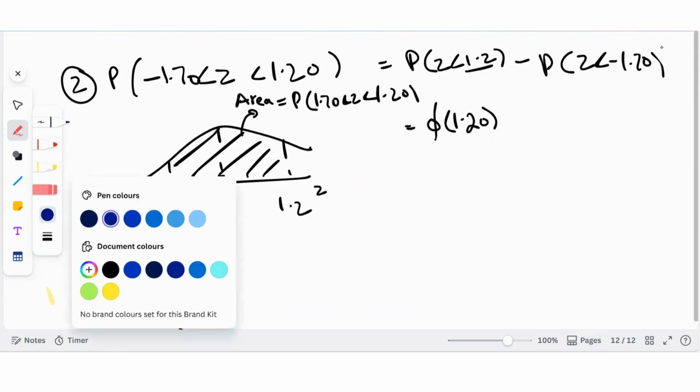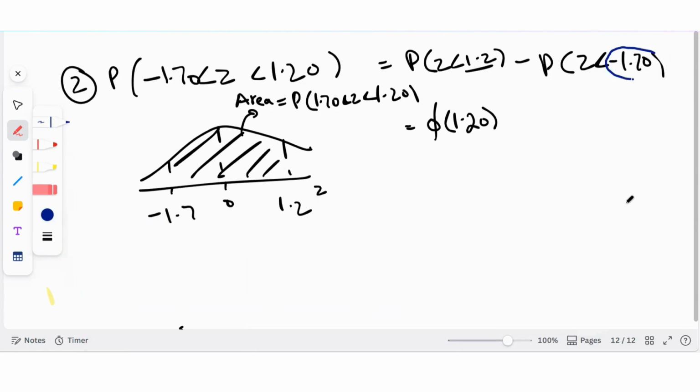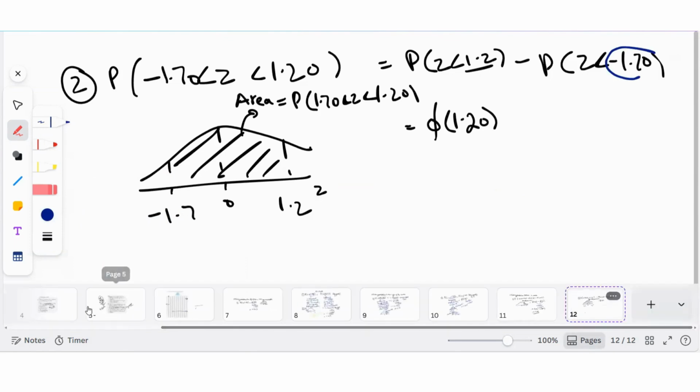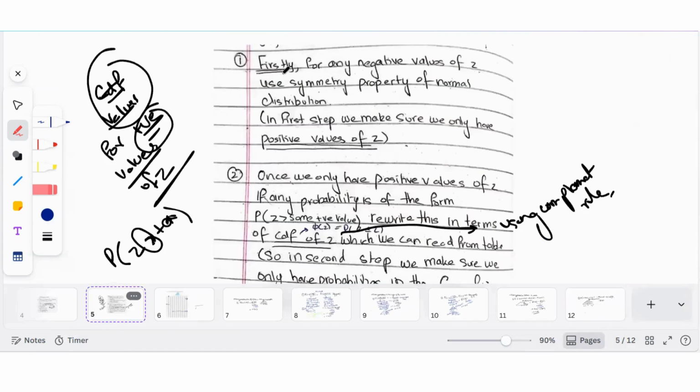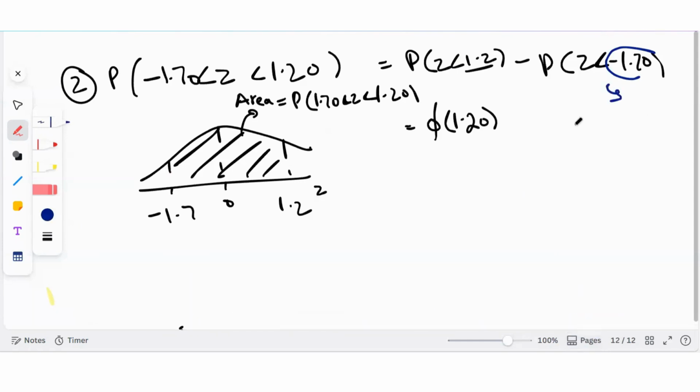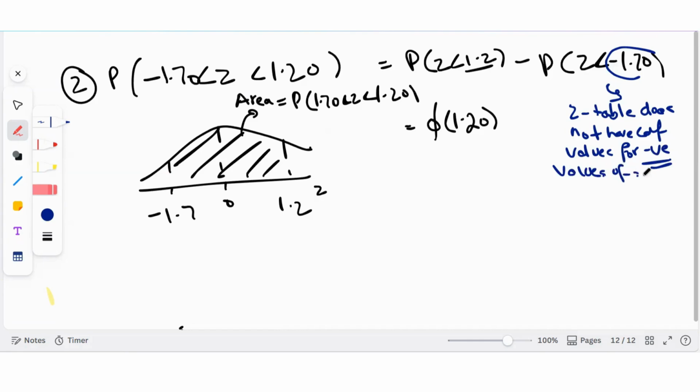The issue comes in the second probability. Here you have a negative value. Whenever you're finding probabilities using the z table that we're using, the first step is to ensure that you only have positive values. For any negative values of z, we use the symmetry property. The z table that we're using does not have CDF values for negative values of z.